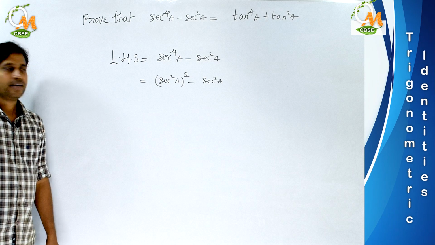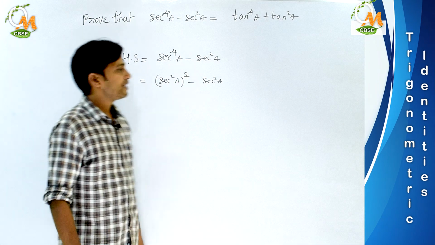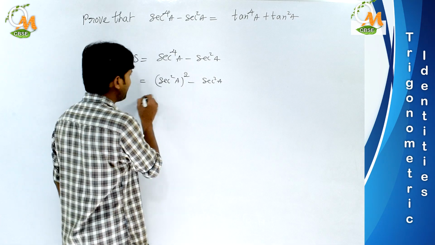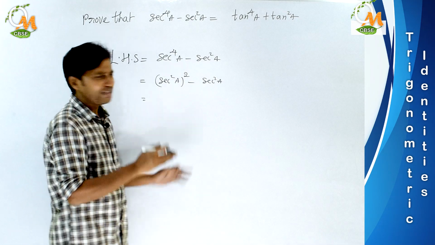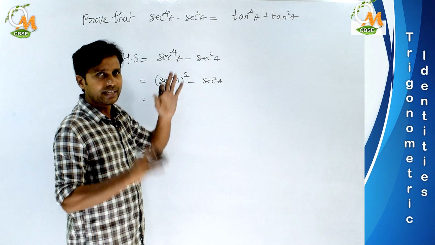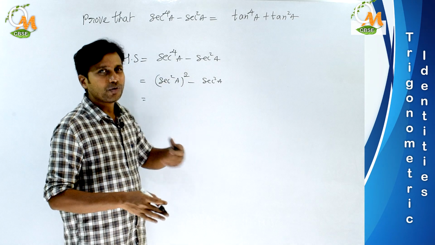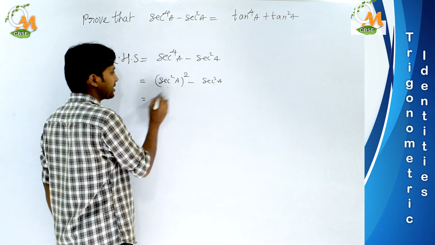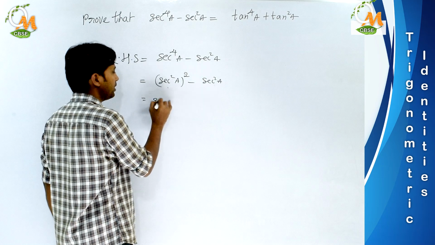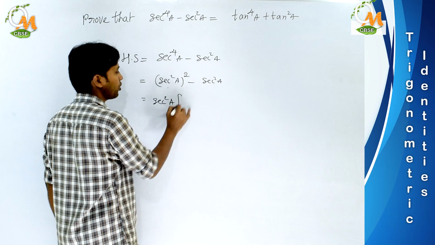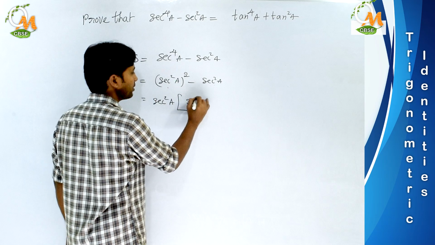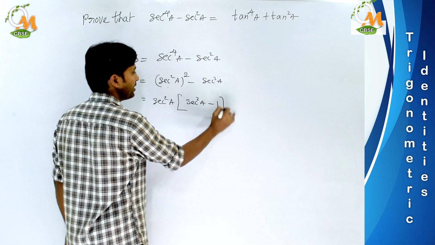Actually, we don't need to write it this way, we can leave it as it is. Anyways, we can take common secant square a from this. Secant square a can be taken common. Now here one secant square a will be left over. Here minus 1 is left.